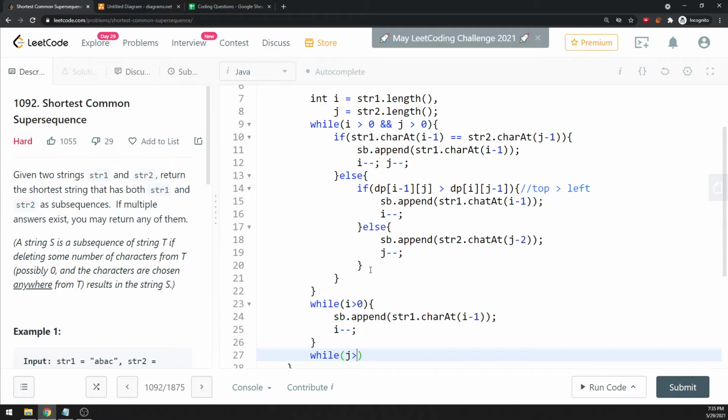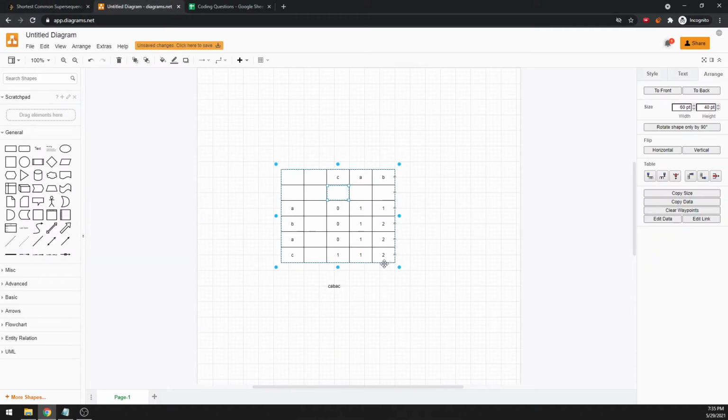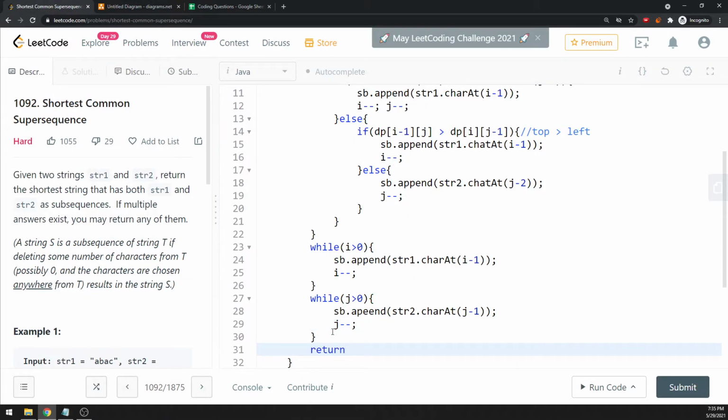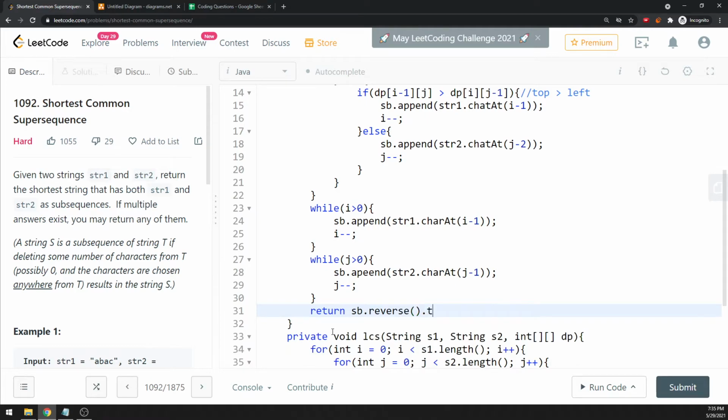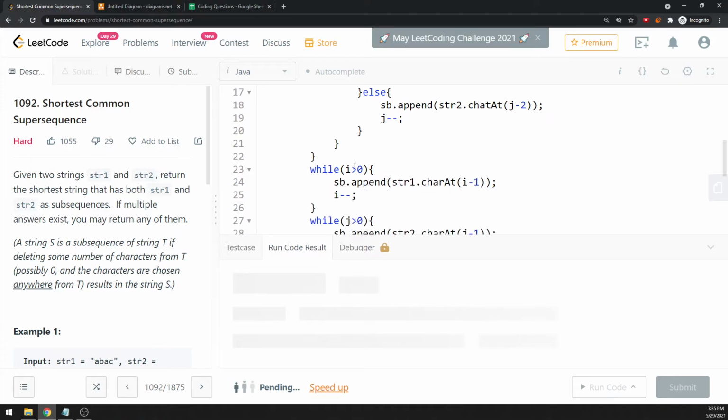Same idea for j minus 1. As I just said, when you add the string back, you're adding it in reverse. So you just have to reverse the string, and then call toString on your string builder, and that will be your answer. And let's see.